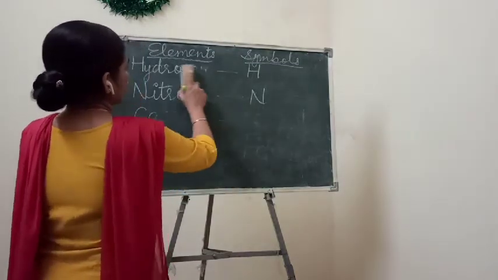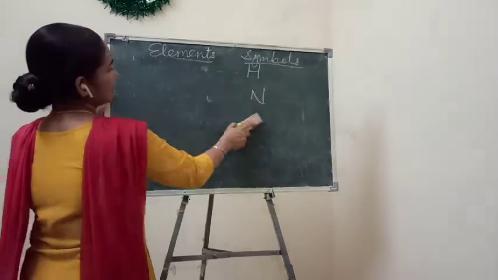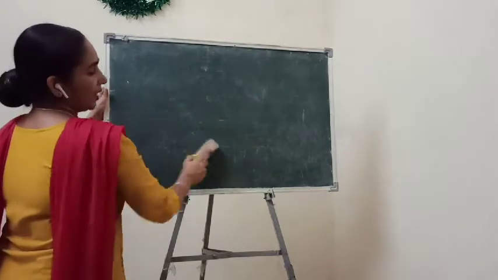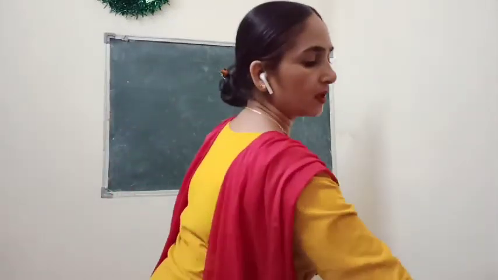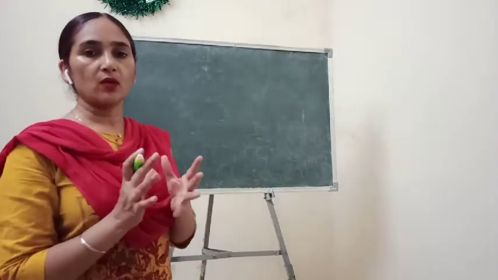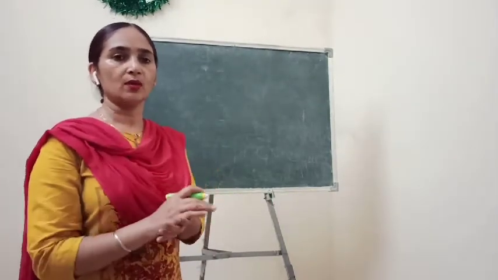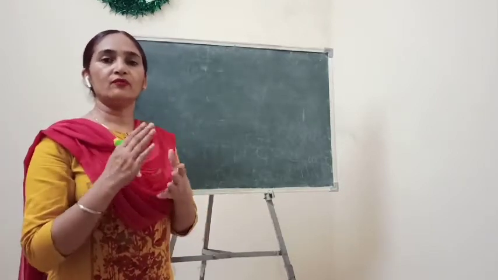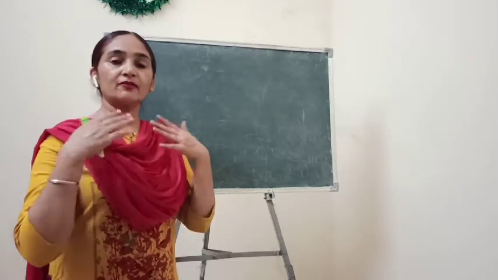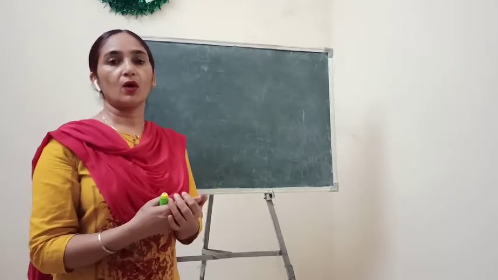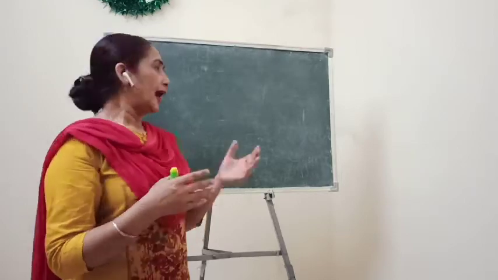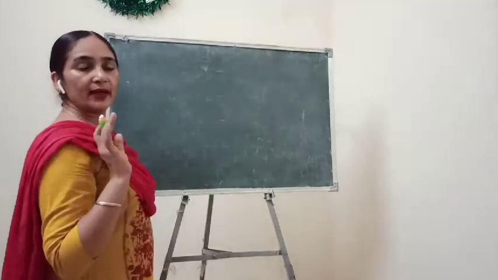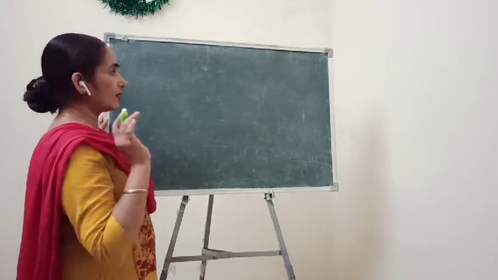So after this, these are the elements, and if we talk about compounds, we always write them with their formulas, because, I told you in the previous class also, compounds are made up of more than one same or different kind of atoms, in a proper fixed ratio. That's why we write compounds with the help of formulas.